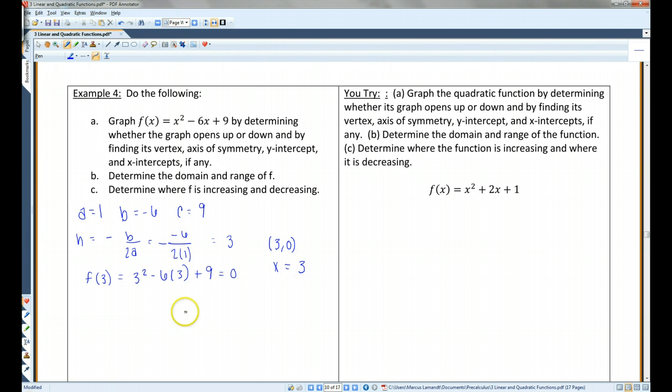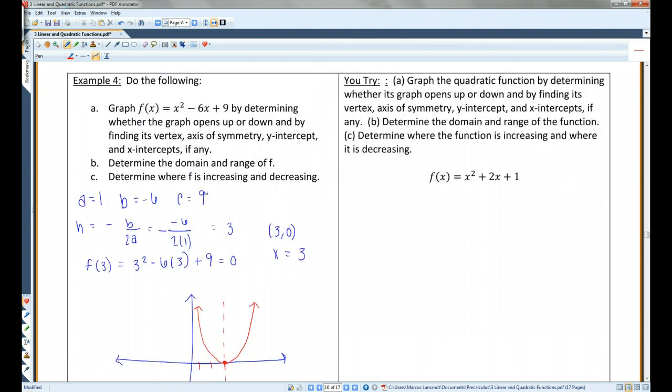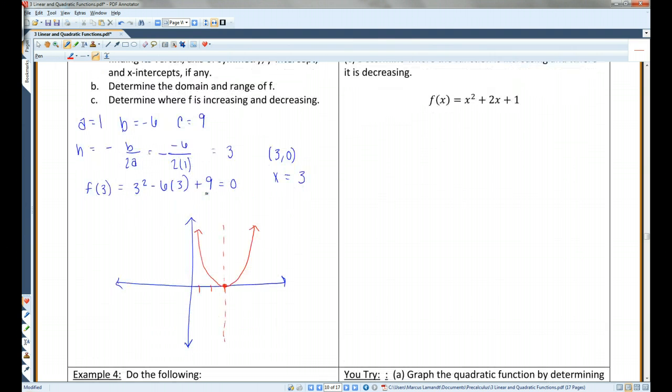We know that it opens up. So let's go ahead and graph it. So 3, 0. There we go. Determine the domain and range. The domain, hopefully you guys can see, is all real numbers.